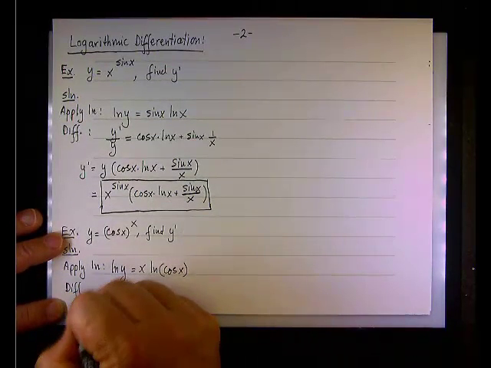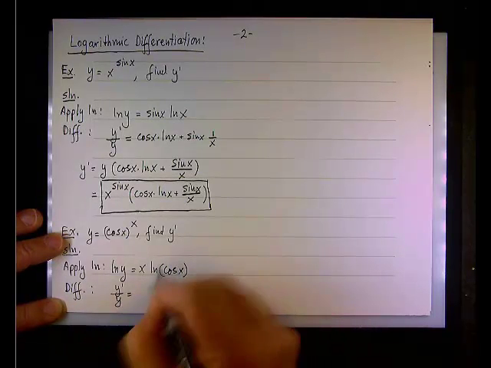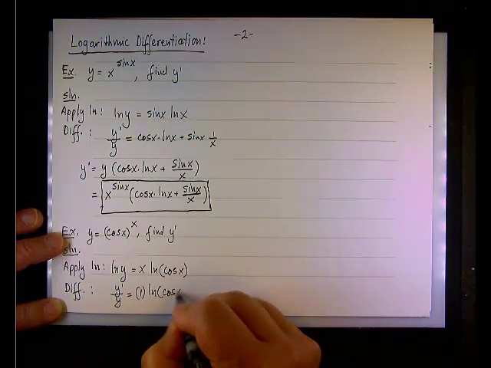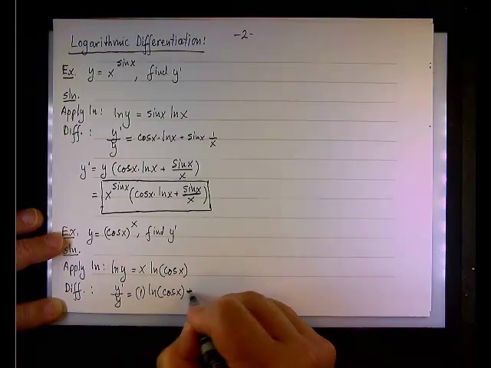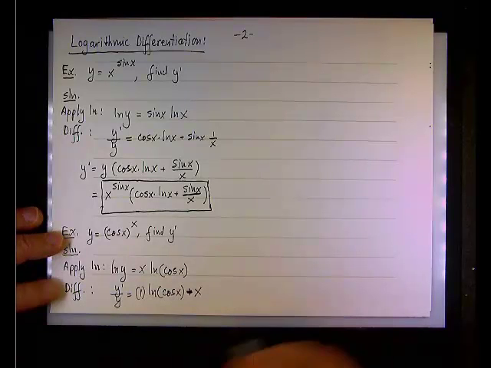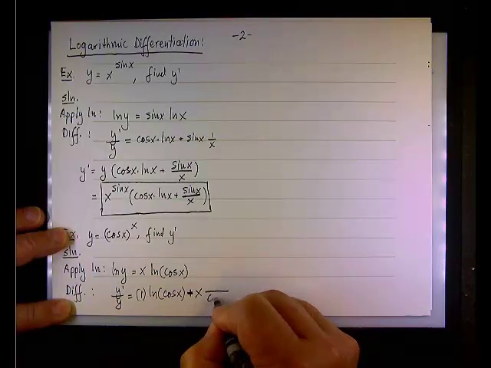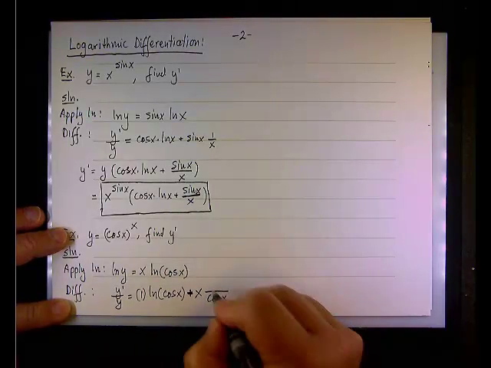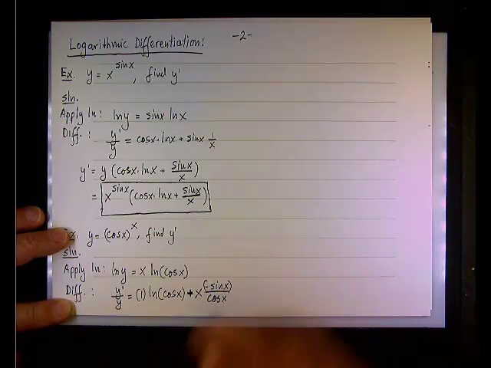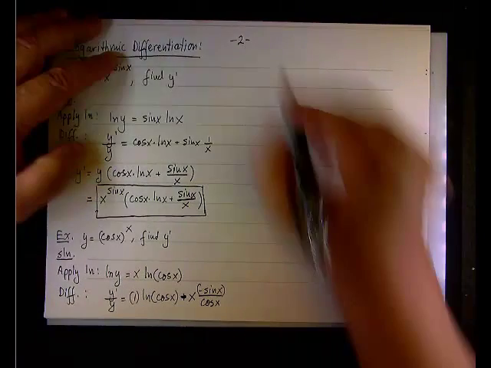And when we implicitly differentiate both sides, we get y prime over y, and here we have 1 times the natural log of cosine x plus x times, and here I have a little bit of chain rule. The derivative of the natural log is 1 over the argument, so we'll have 1 over cosine x, but the derivative of the cosine is the negative sine. And we correctly recognize that we have a tangent here.